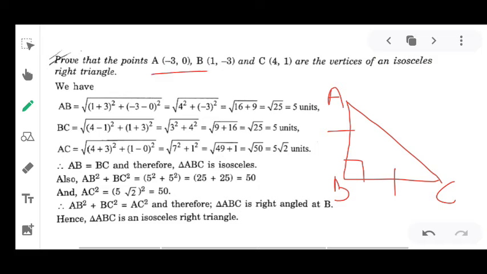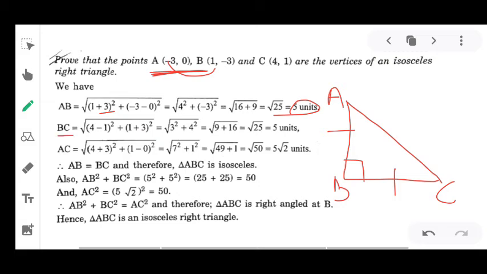So AB, the distance between A and B, will be (1 minus minus 3), so 1 plus 3 whole square plus (minus 3 minus 0) square. So AB will be 5 units.